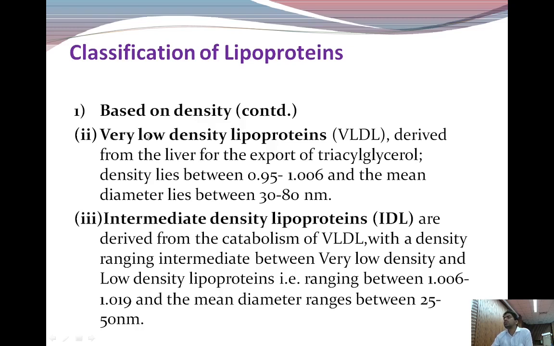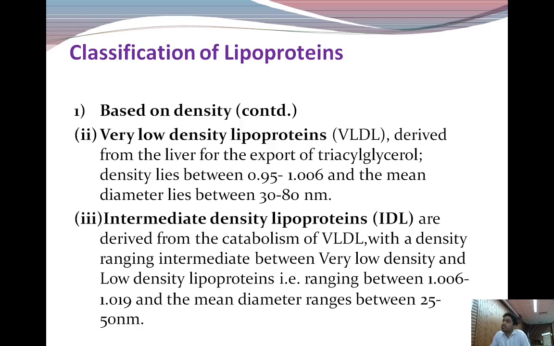The second group of lipoprotein based on density is very low density lipoprotein. Chylomicron is formed in the intestine and derived mainly from the lipids we eat. VLDL is mainly derived from the liver.